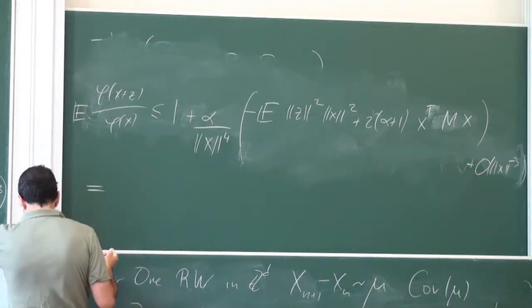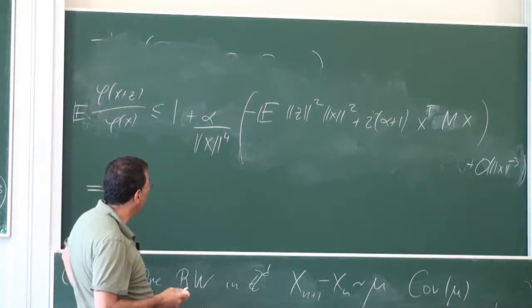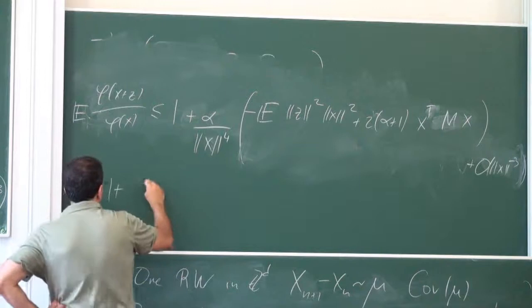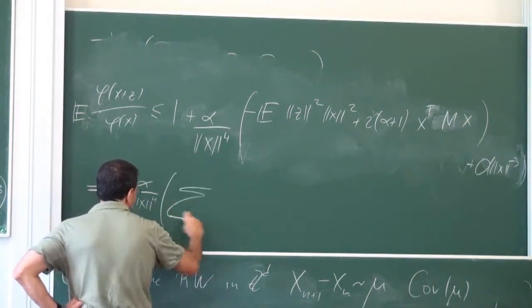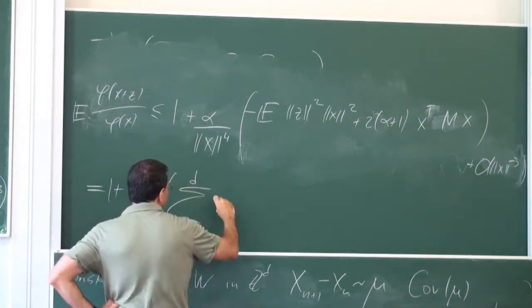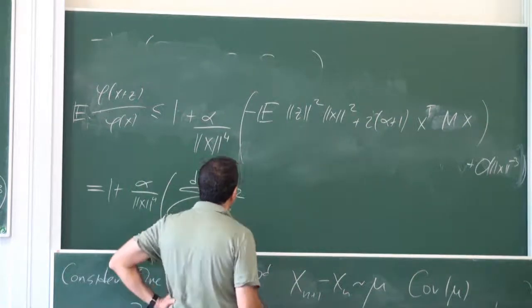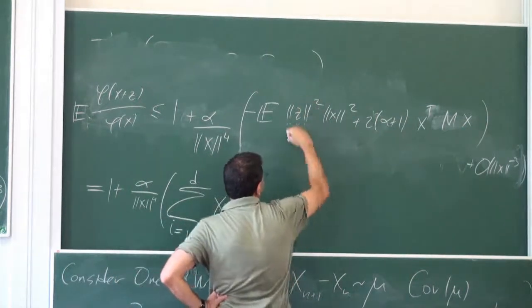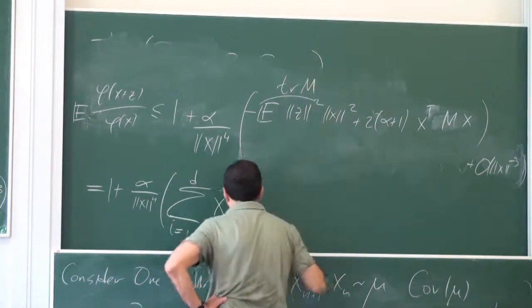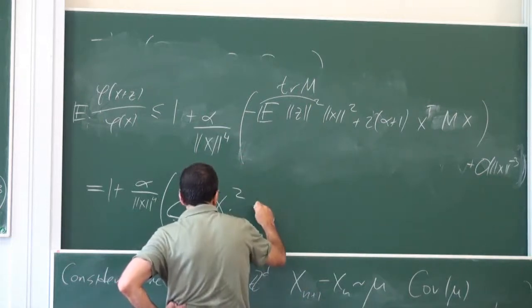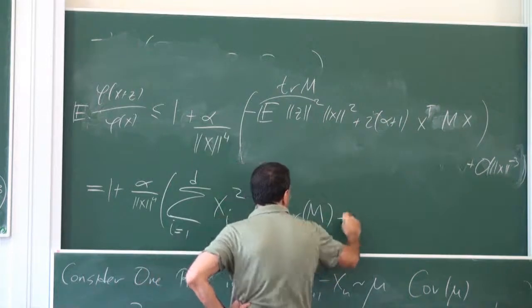Let's write it in terms of, let's see, what's the coefficient of xi squared in this. So we get 1 plus alpha over norm x to the 4th, sum i from 1 to d, and then what multiplies xi squared? From here, the expectation of the norm z squared is just the trace of the covariance matrix M. So xi squared multiplies minus trace of M, right?